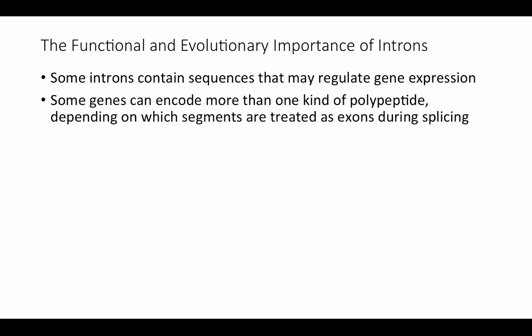And we've also found out that some genes can encode more than one kind of polypeptide, depending on which segments are treated as exons during splicing. So there can be what we call alternative RNA splicing at different points, depending on what polypeptide is being produced.